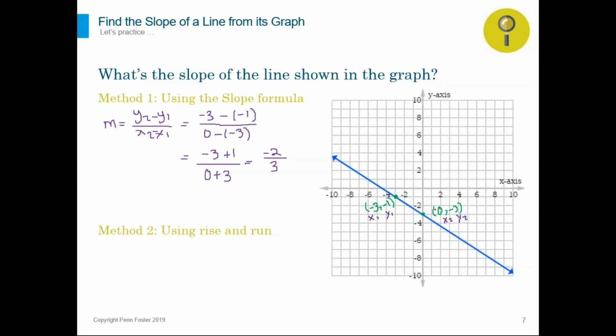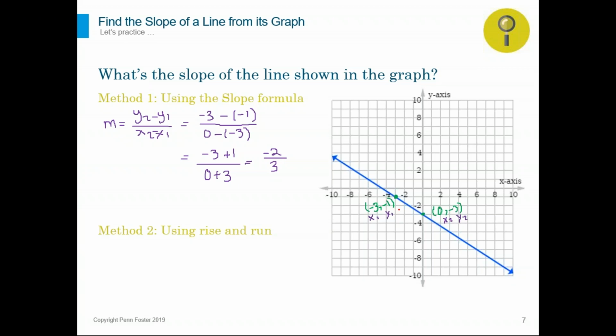What I mean by the rise and the run is how many vertical units and horizontal units I need to walk in order to get from this point to this point. The vertical units we just call the rise, and the run would be the horizontal units.